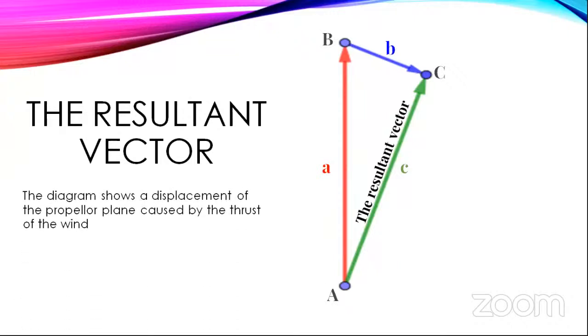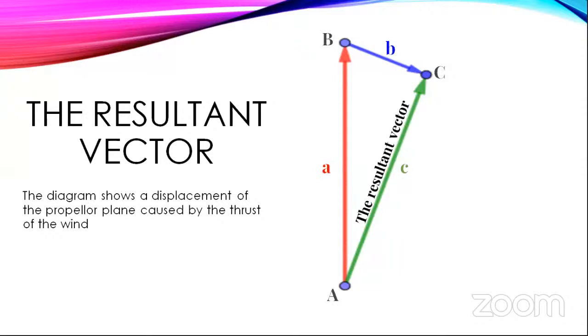The diagram shows a displacement of a propeller plane caused by the thrust of the wind. So let's say we have a plane here traveling, and there was a thrust of wind against the propeller and some kind of shift. The plane did some movement, but some resultant is left.